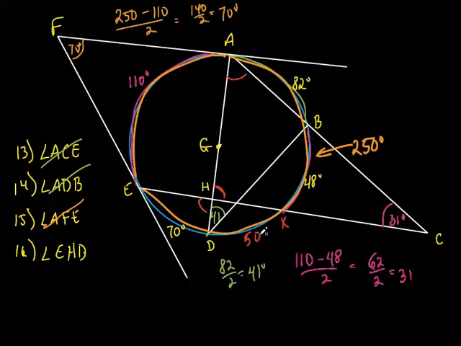So if this arc is 98, this is divided by 2, and 98 divided by 2 is 49. So that's 49. And now look what we have. See this big triangle, AHC? We got 49, we got 31, and then you just take those two away from 180. Somebody do that for me, please. 180 minus 49 minus 31. What's that? Oh, it's 100, because that's just 80, right? So that would be 100.